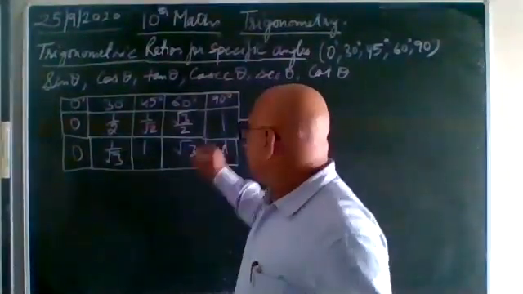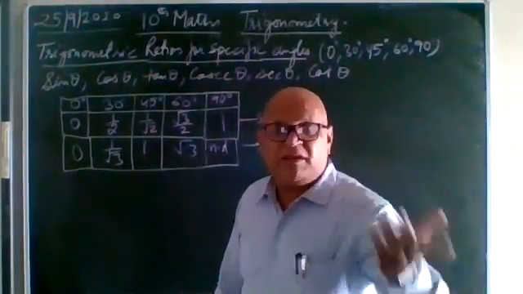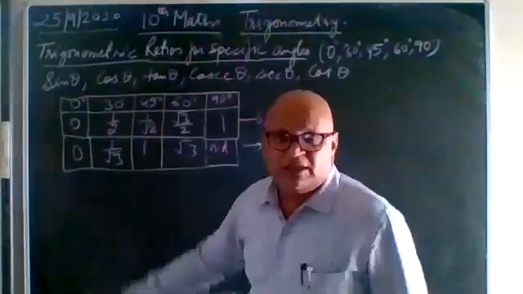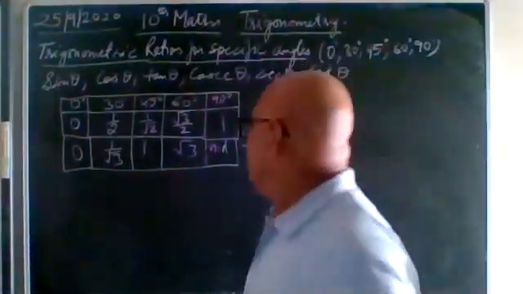So what is not defined? That is 1 upon 0. Any number divided by 0 is not defined. But here 1 upon 1 and 0 is not there. So 1 upon 0 is not defined, and you will say that is ND. If I say 0 upon 1, then you will say 0.